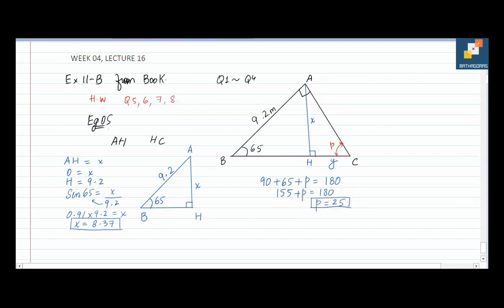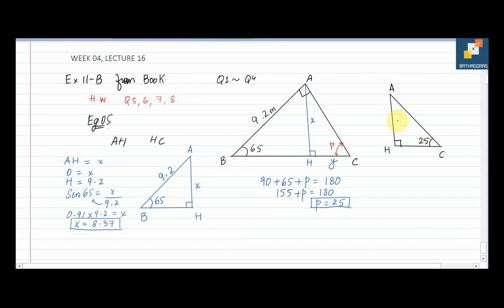right? So if I draw the triangles separately, triangle AHC, so it's AHC, right? AHC. So this is a right angle triangle. The angle P is 25.